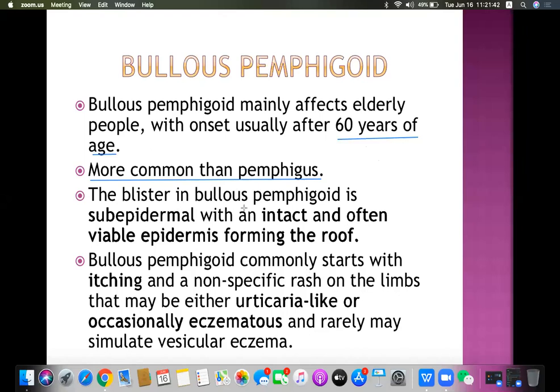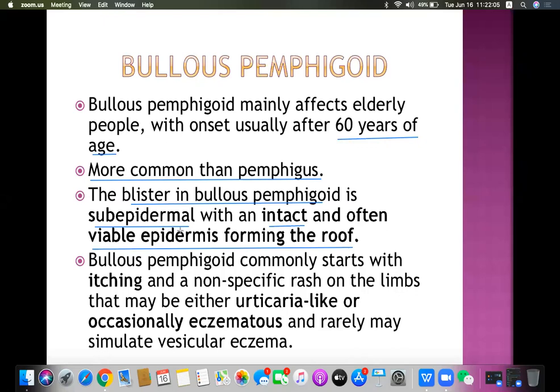Now, one of the most important points I'm going to talk about here is that the blister in bullous pemphigoid is subepidermal, with an intact and often viable epidermis forming the roof. So what is the meaning?